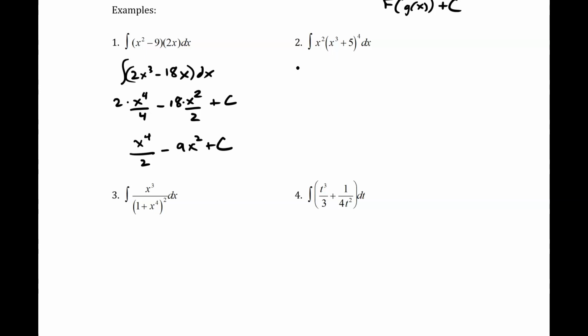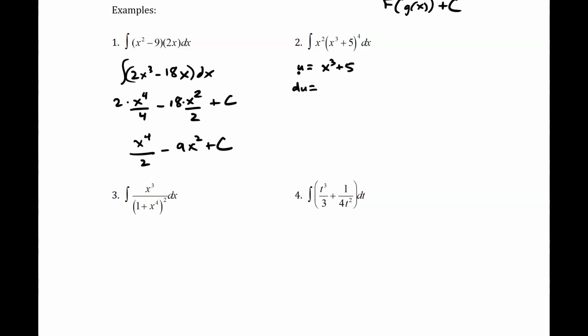So I let u equal the inner part of the composite function. And so in this case, u is going to equal x cubed plus 5 because my composite function is x cubed plus 5 to the 4th. Now, if u is equal to x cubed plus 5, don't look back at this, just look at this equation right now.